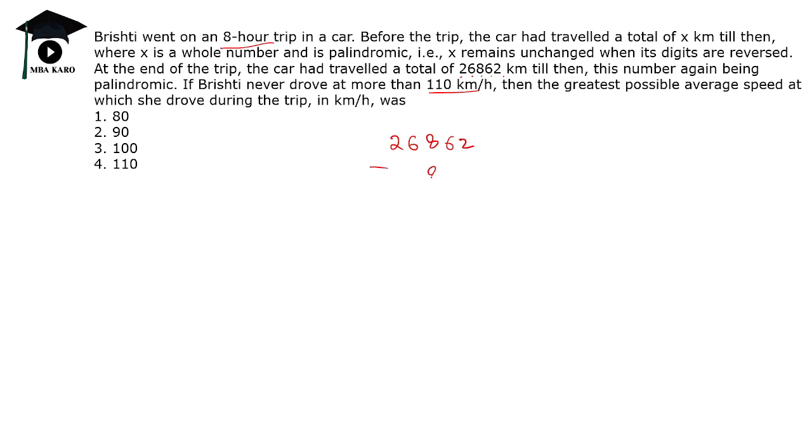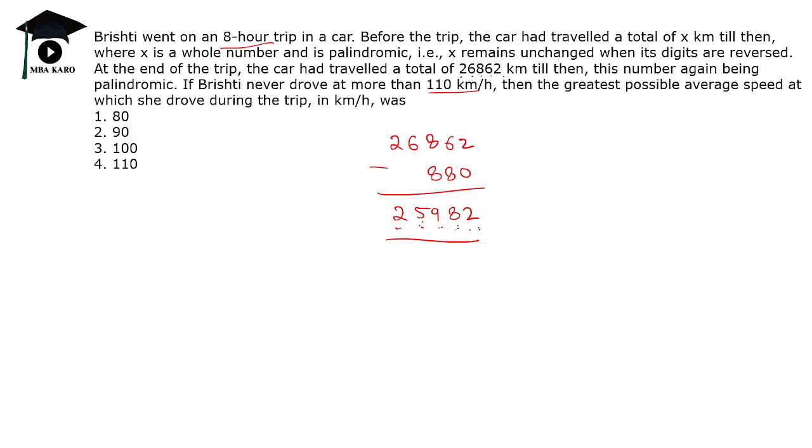So if we subtract 880 from it, we will get 25982. That will be the number if she goes at the maximum speed. Now, is it a palindrome? No, right? 25,982 is not a palindrome. Palindrome means the reverse should be the same.